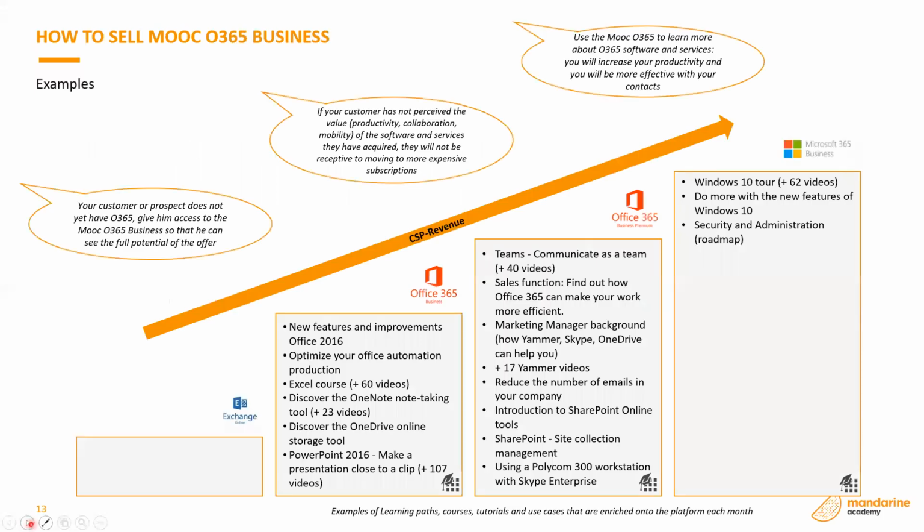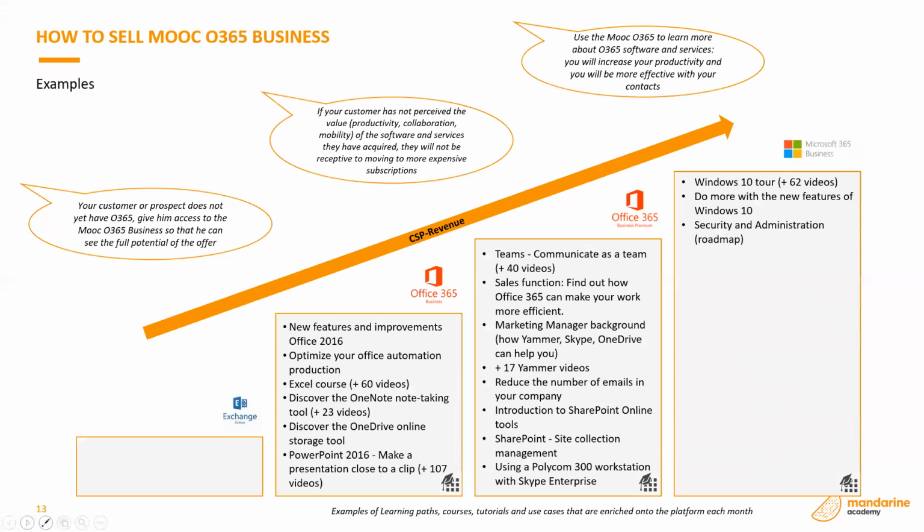This is quite a busy slide, but just to kind of simplify it, if our MOOC Office 365 business is a library, and there were sort of different offers with Office 365, we're just helping people kind of graduate their knowledge base. So if the first floor of the library is your basic Office 365 business, well, the next floor is your Office 365 Premium. But what's interesting is all the learning content is there.